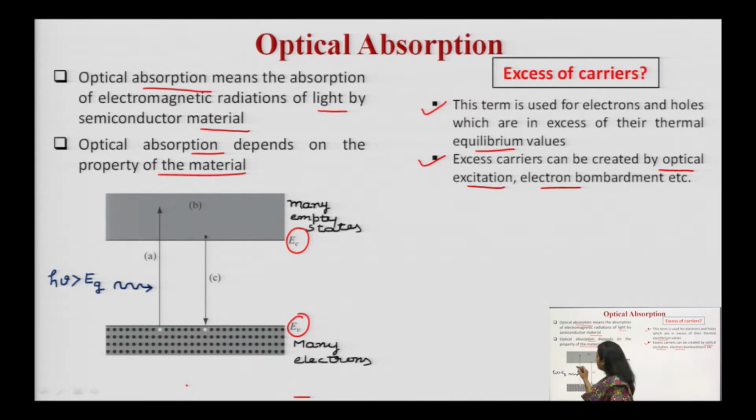Eg is the band gap between the valence band and the conduction band. We can observe this in two cases. Let me write case 1, when h nu is greater than Eg. This particular case you can observe over here. Now, what will happen here?